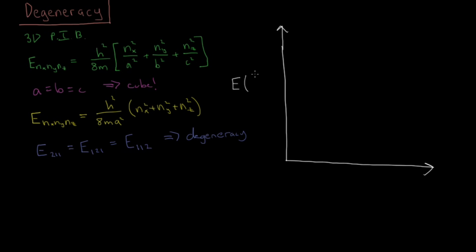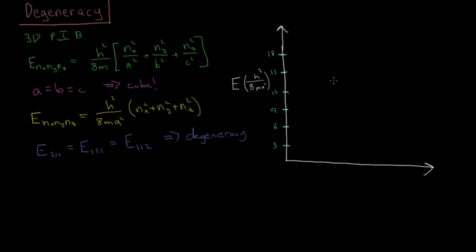I'm going to graph the energy in units of h squared over 8ma squared. So let's fill our y-axis with solutions. Going to go up by units of 3, as we will see why shortly. So let's say 3, 6, 9, 12, 15, and 18.